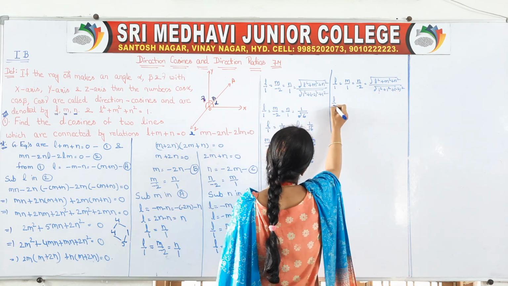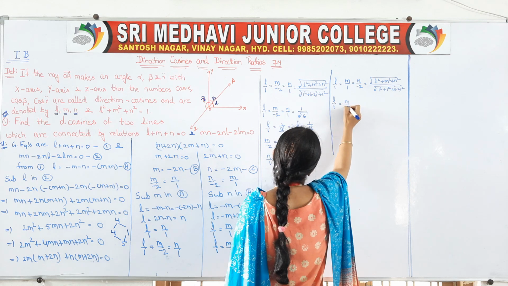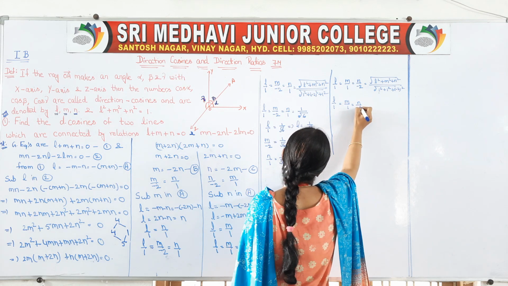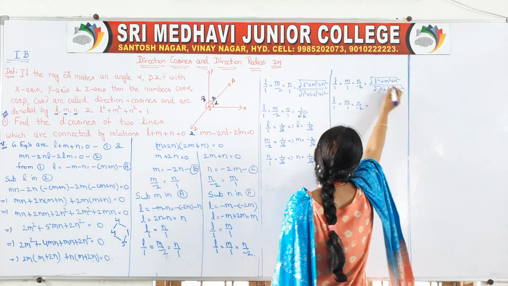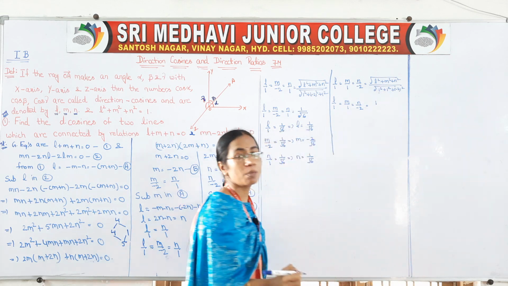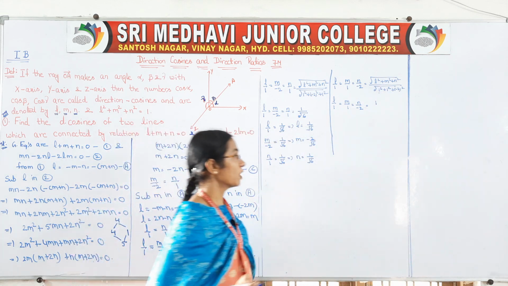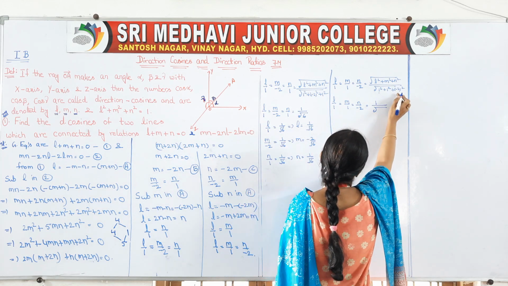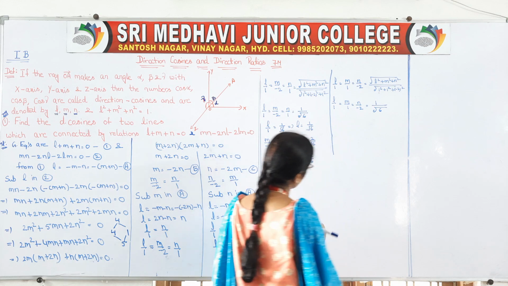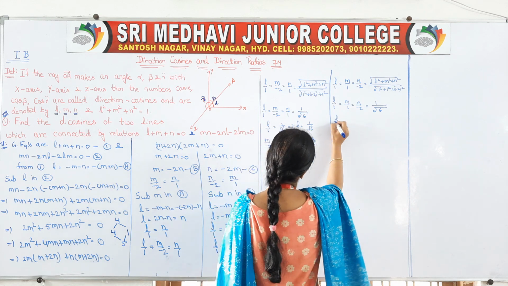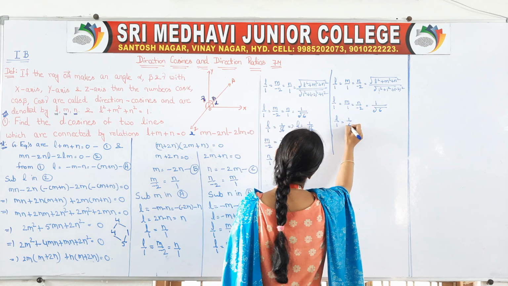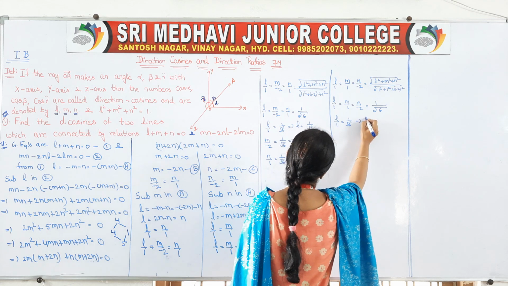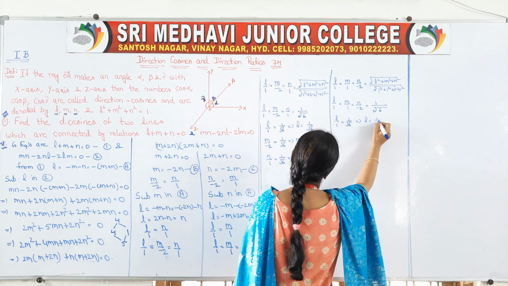Again same thing, L square plus m square plus n square is 1. Root 1 is 1 only, by root of 1 plus 1 plus 4, that is 1 by root 6. So L by 1 is equal to 1 by root 6, so L is equal to 1 by root 6.